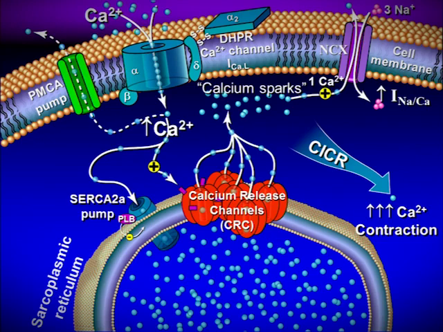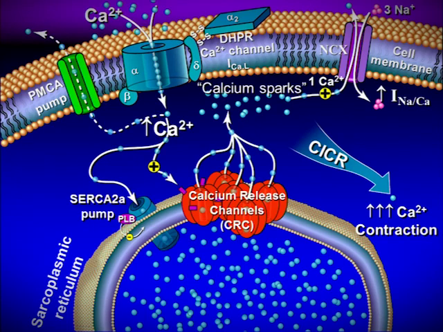Well, it couples that entry of calcium, then finds and binds to the so-called calcium release channels sitting on the sarcoplasmic reticulum that is responsible for unleashing the kraken, if you will, the storehouse of a tremendous amount of intracellular calcium confined in the sarcoplasmic reticulum.